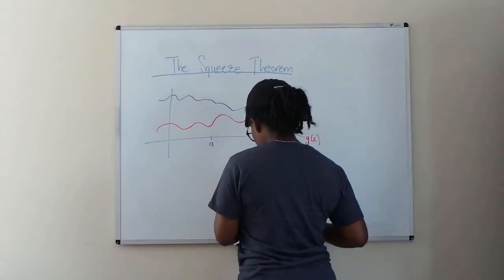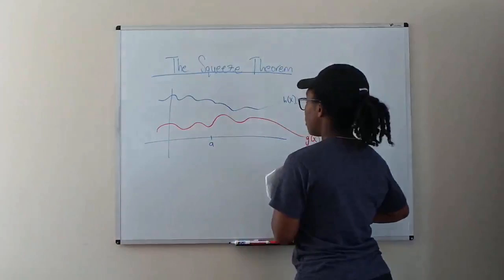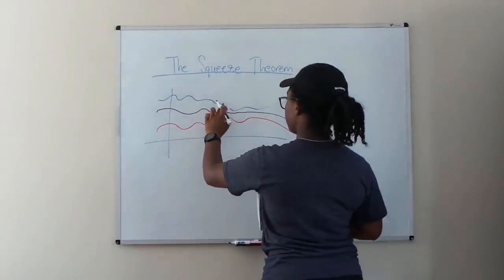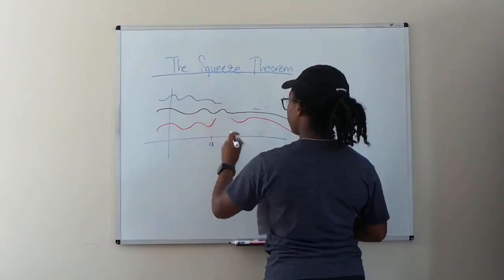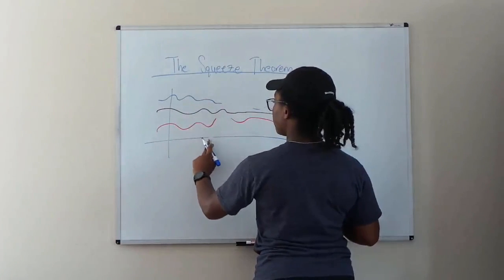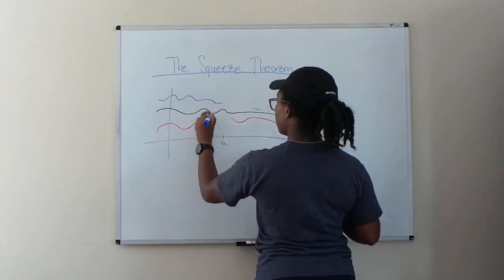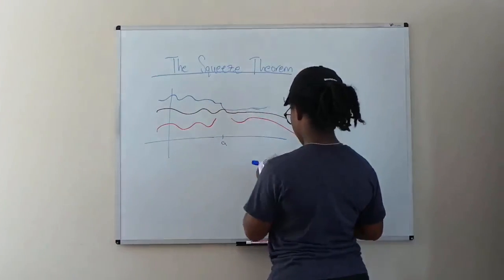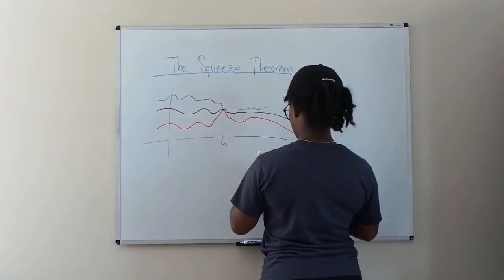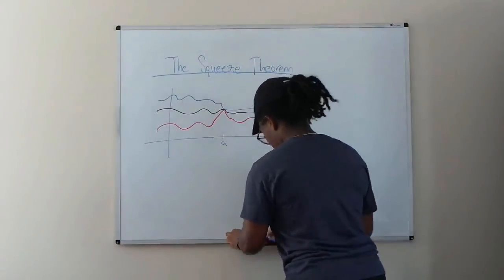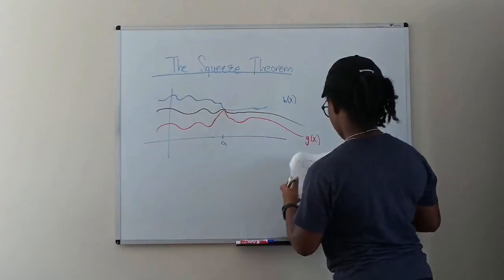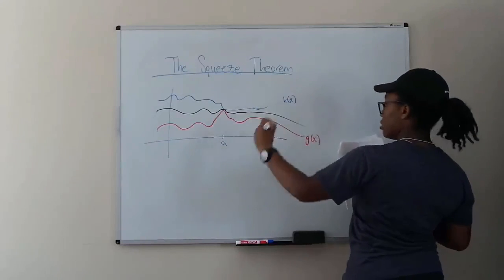Okay, it's supposed to be a, we're going to move our a over here. Okay, so I'm going to write out what the squeeze theorem says, and I'll explain it.